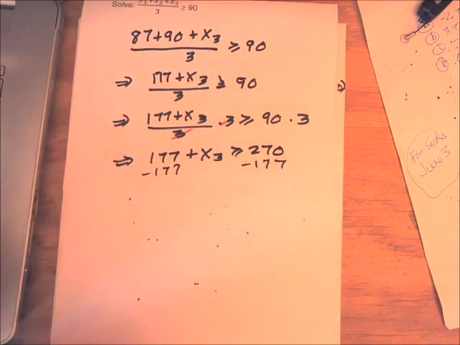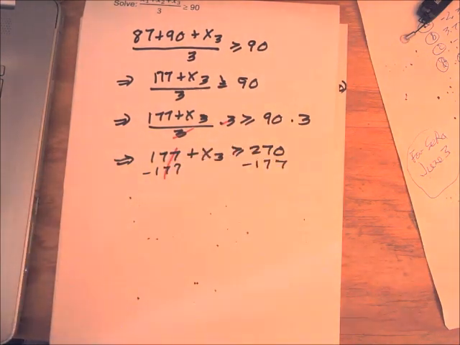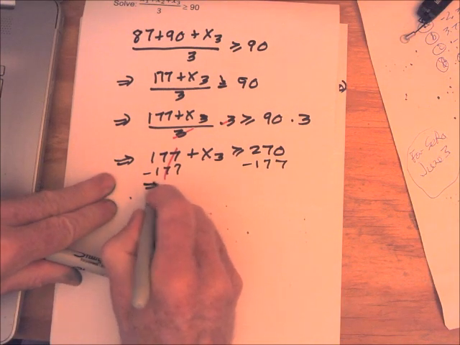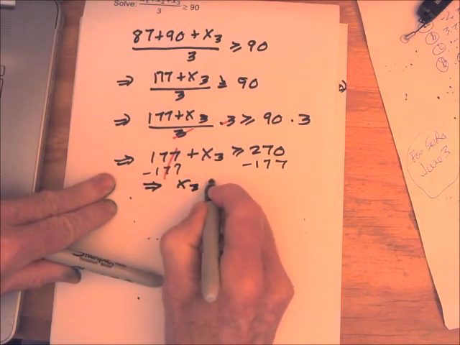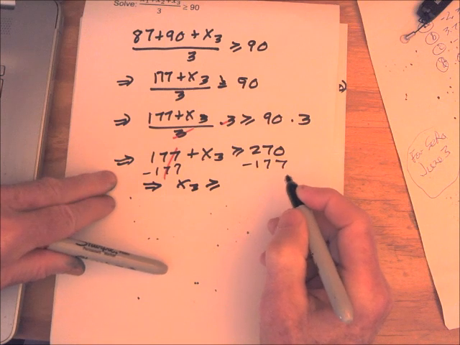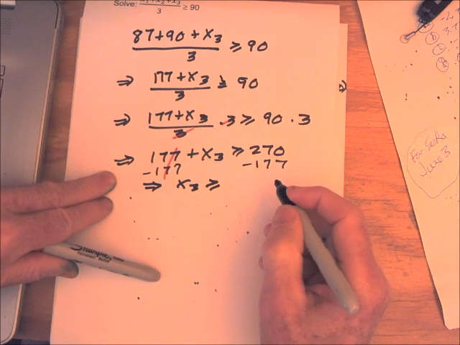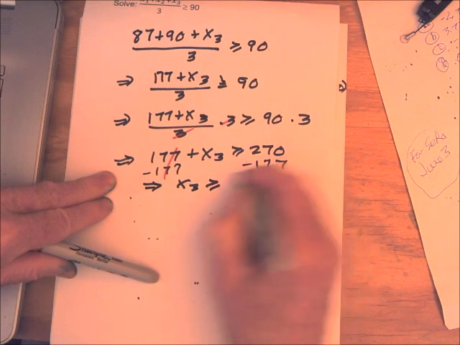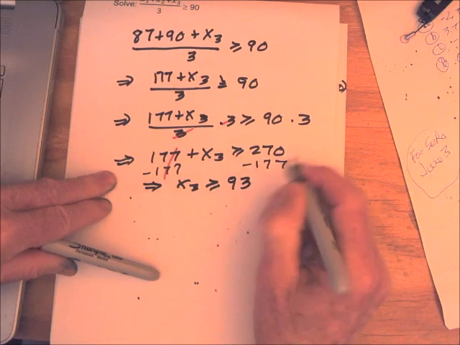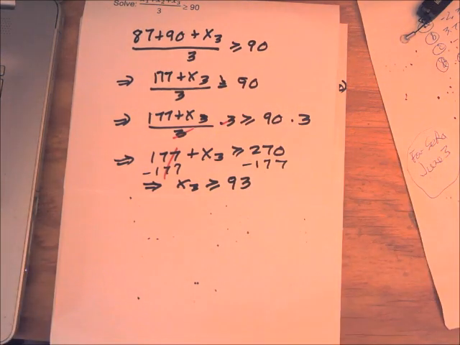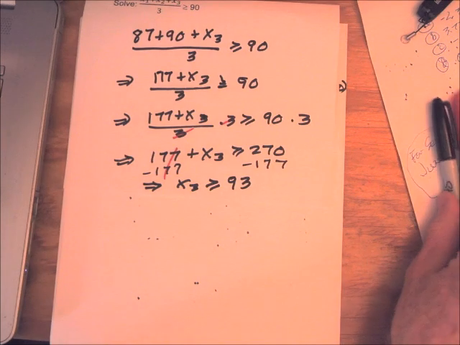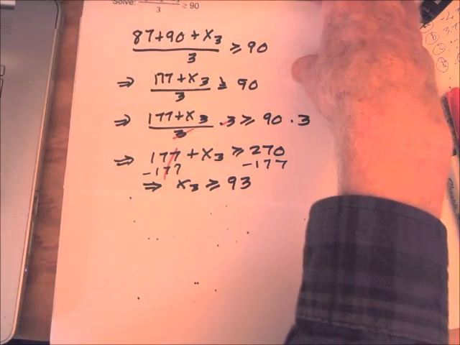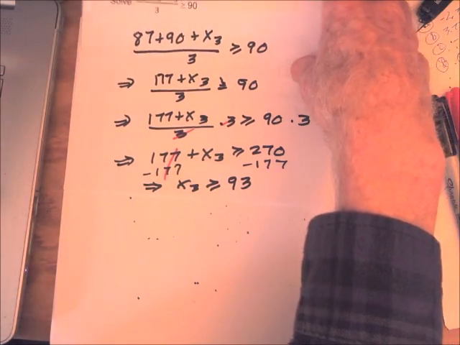On the left side, 177 minus 177 is 0, that'll drop out, and we'll just have X3 greater than or equal to 93. So Fatima needs at least a 93 on the third exam to bring her average up to at least a 90.